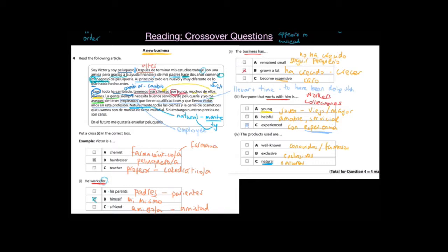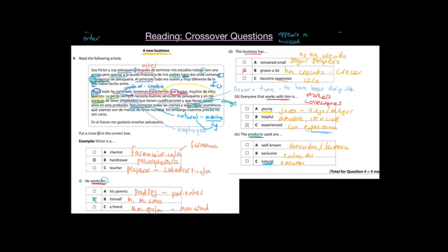Naturalmente, todas las cremas, remember we're looking for products. We're probably not going to find the word products. Todas las cremas, creams, y la gama de cosméticos, cosmetics, gama is range. If you don't know this word, it's not the end of the world because you know cremas is creams, cosmetics is cosméticos, so you can work out that that's talking about the products. Remember, gama is the word range.